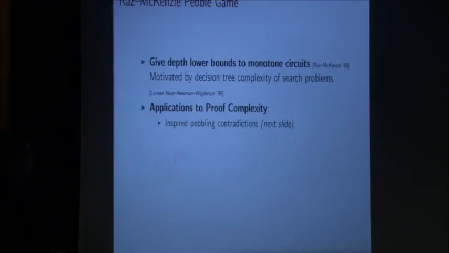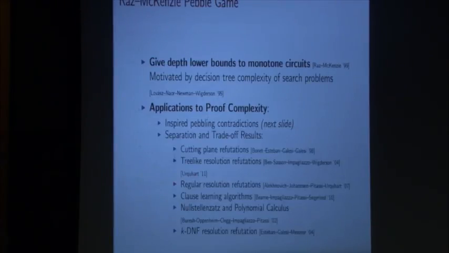It has applications to proof complexity because the study of this Pebble game inspired a certain unsatisfiable CNF called Pebble contradictions, which I will introduce soon. And it gives many separations and trade-off results in different models of proof complexity. And in particular, it turns out that the Pebble cost in this Pebble game exactly characterizes the depth of resolution refutation of Pebble contradictions, which I will explain in a moment.